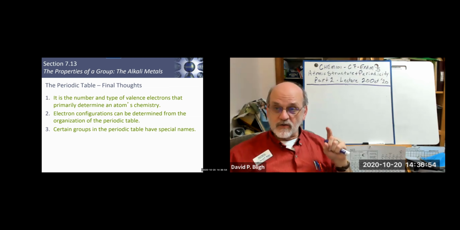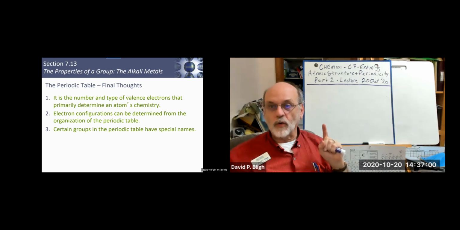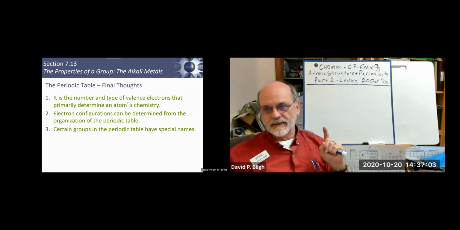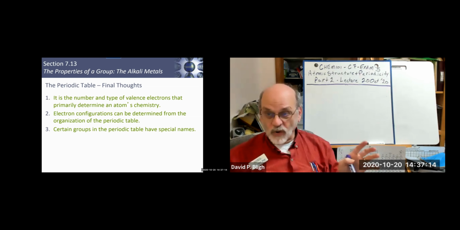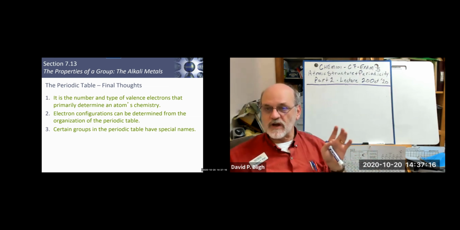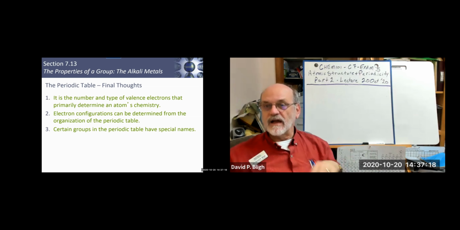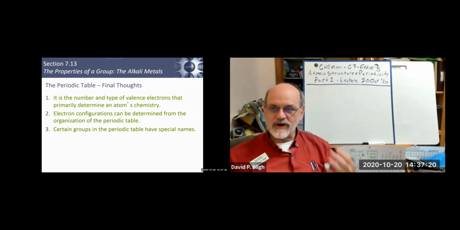The electronic configuration, I did make a point of this one, can be determined from the periodic table itself and the way it's organized. So you don't have to fret about writing electronic configurations if you know how the periodic table is set up. It's purposely set up that way so that the configurations can be written easily and you can understand chemical trends based upon the electronic configuration.